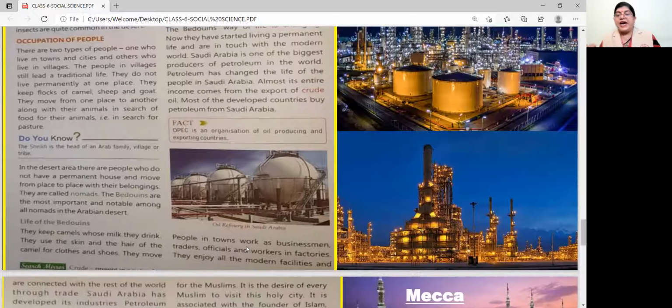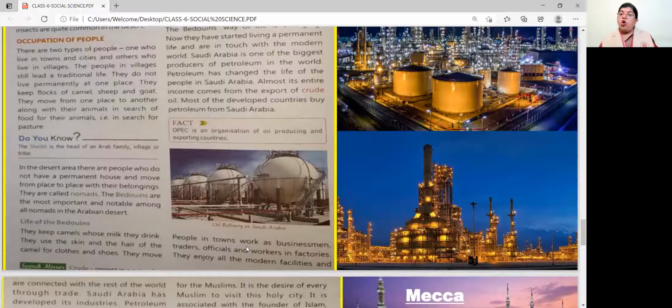They work as businessmen, traders, officials, and workers in factories.